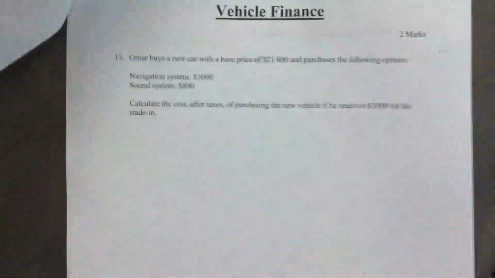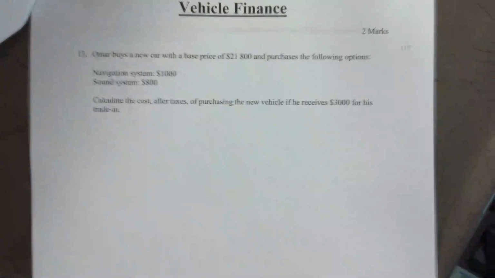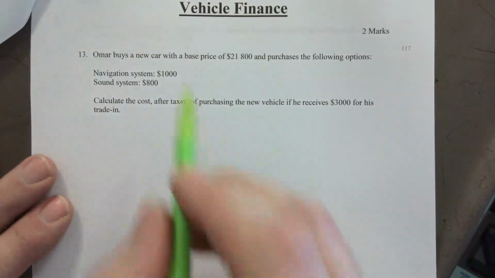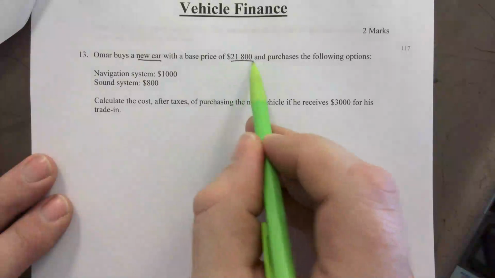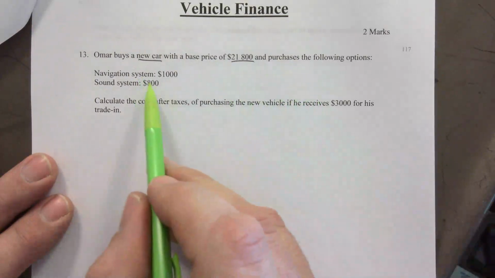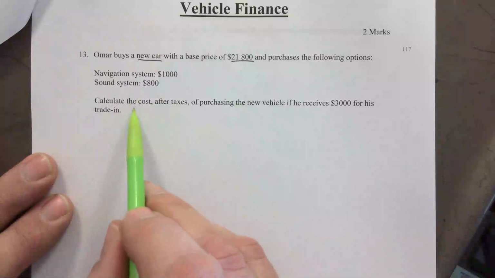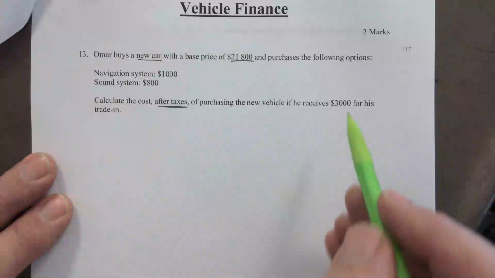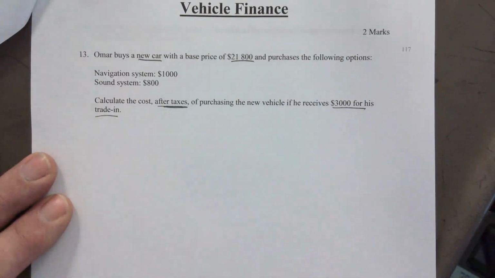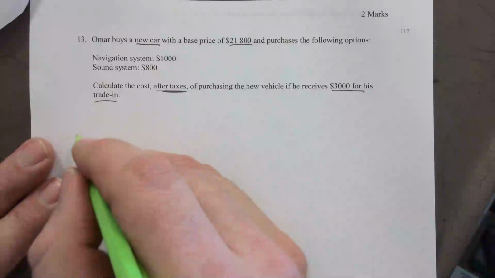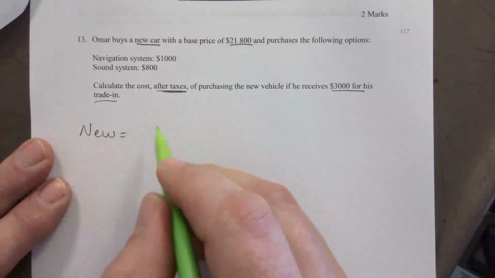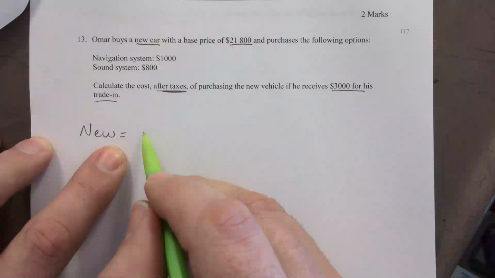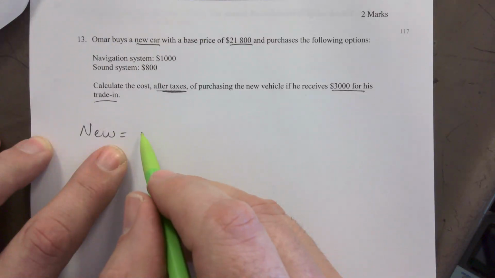Let's keep going. Vehicle finance. Okay. Omar buys a new car with a price of $21,800, and here are the following options. Calculate the cost after tax of purchasing this new vehicle if he receives $3,000 for a trade-in. What was my formula again? New is equal to what did I tell you?